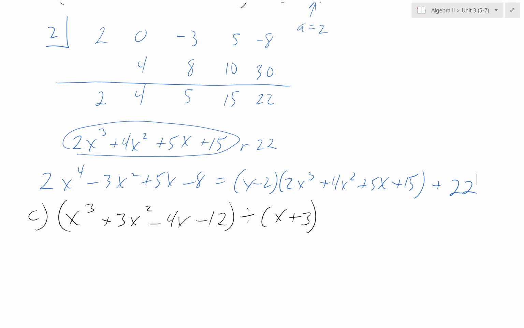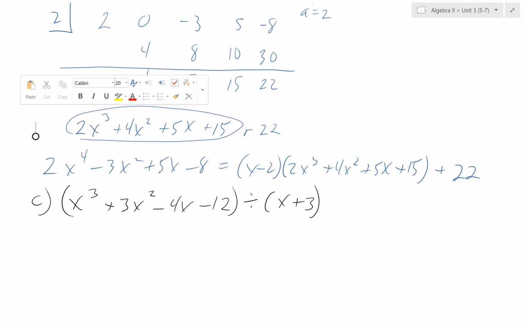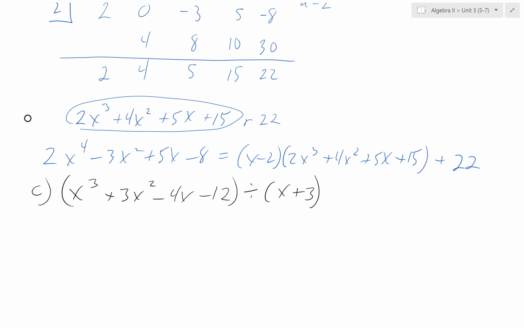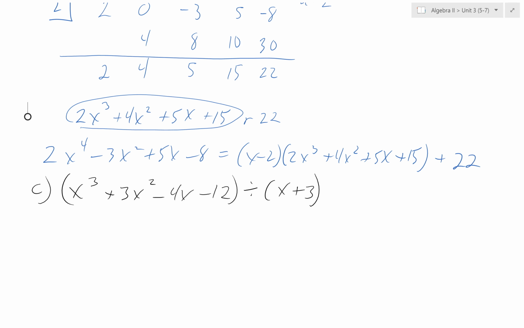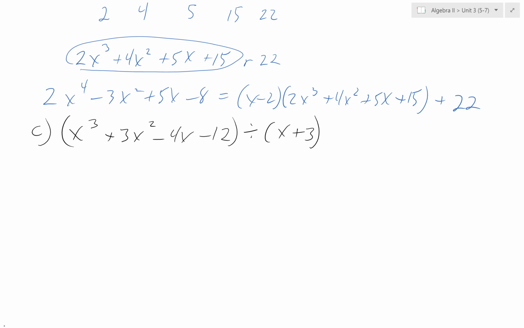Any questions? Okay, go ahead and try example C using synthetic division. So what number are we going to have in the box? Negative 3, and are we missing any terms?